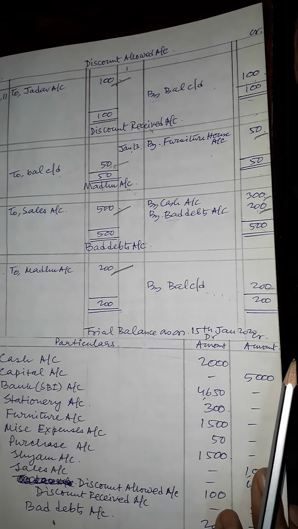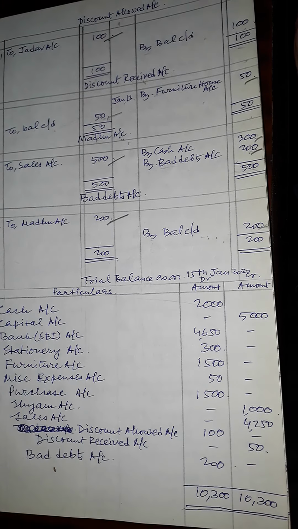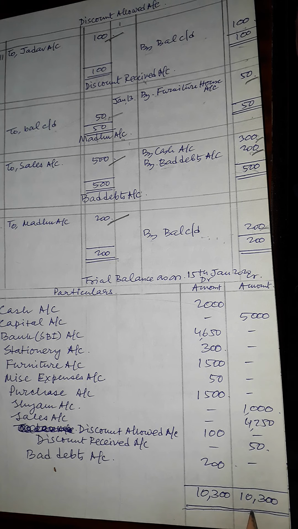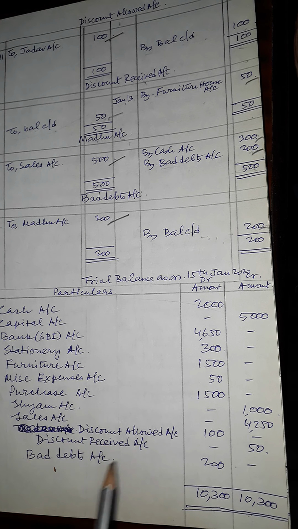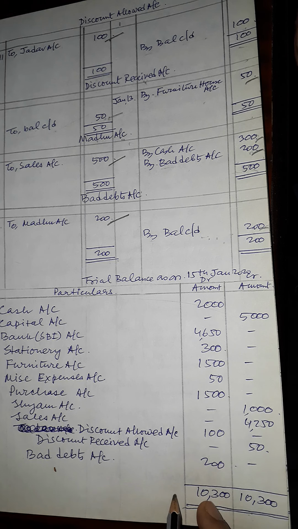Now if we prepare a trial balance with the closing balances, we can see whether it tallies or not. If it tallies, then we know that our double entry system, or our ledger posting in double entry system, is correct.